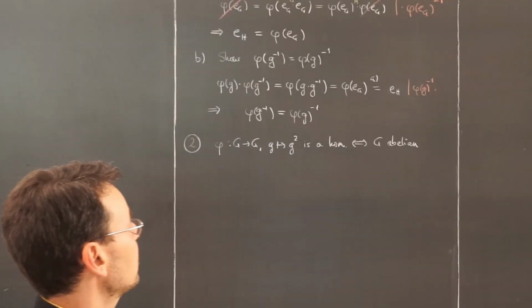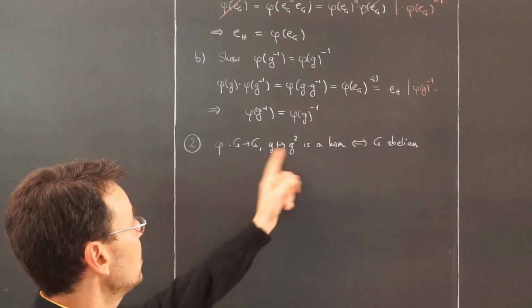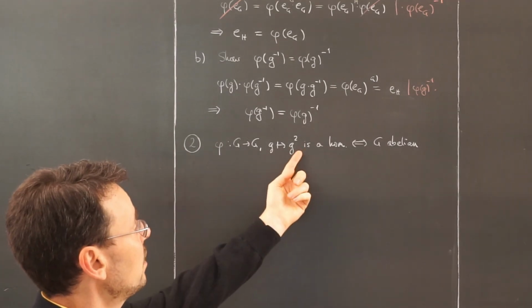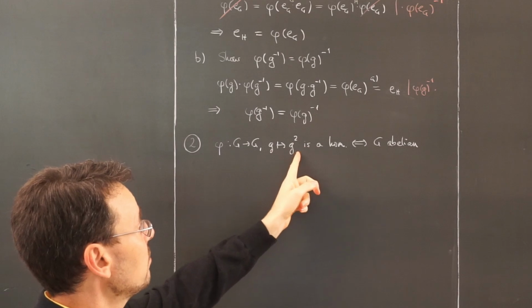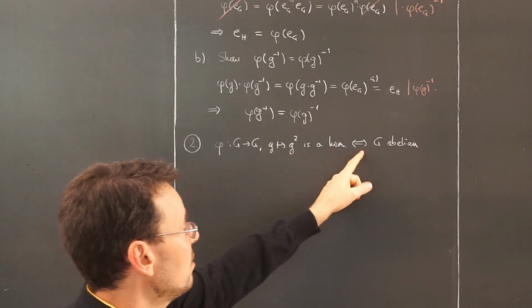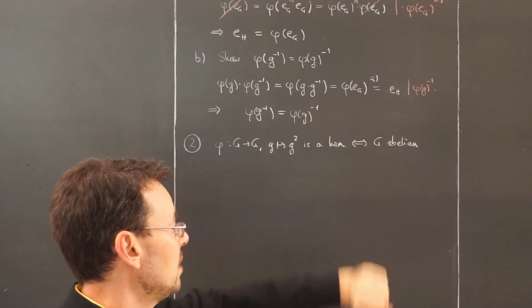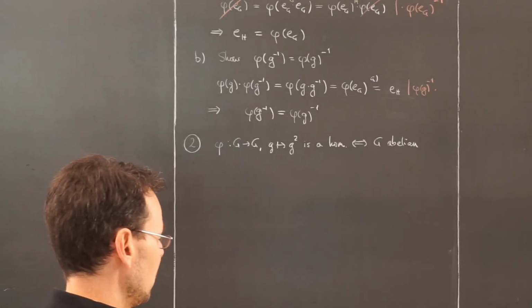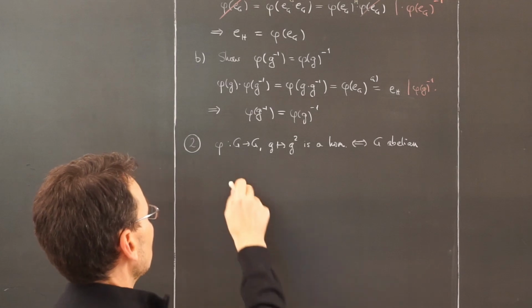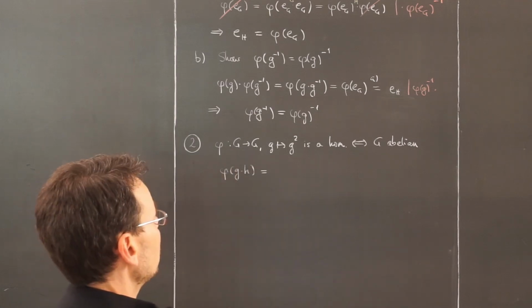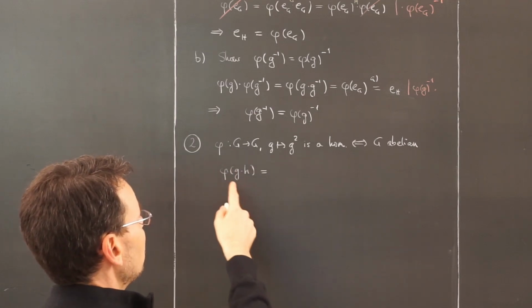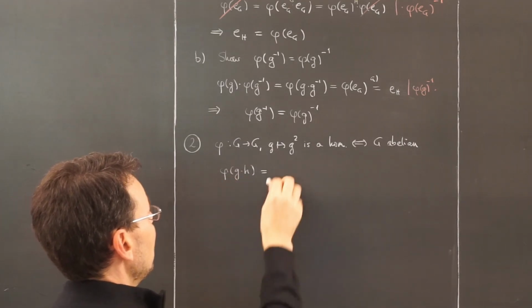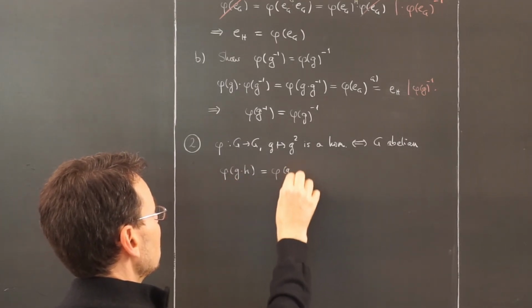Okay, next exercise. We are supposed to show that this map here, squaring a group element, so multiplying it by itself, is a homomorphism if and only if the group is abelian or commutative. Before writing it down perfectly, let's first collect some ideas. So being a homomorphism means that for all group elements G and H, this here is true.